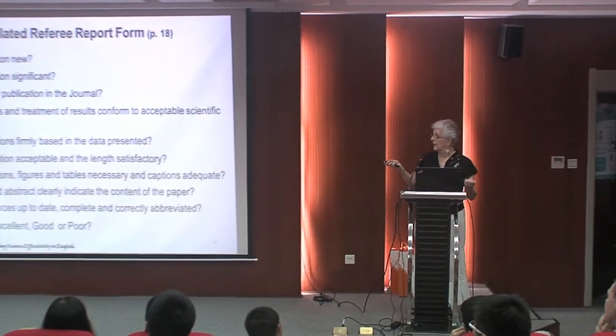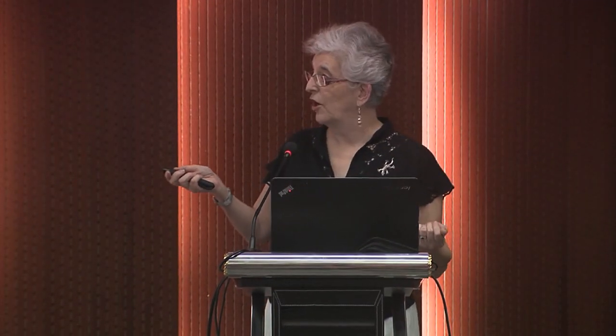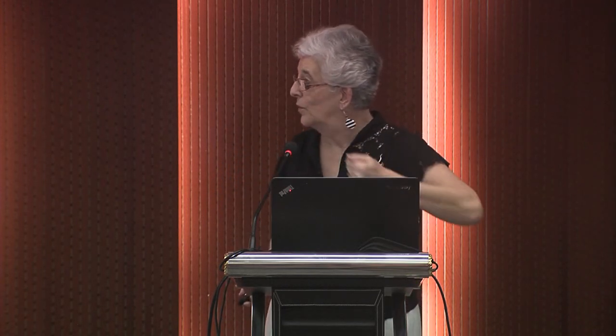So quickly, is the contribution new? Is the contribution significant? Is it suitable for publication in the journal with a capital J? That means this journal, the one you sent it to. Have you chosen your target journal effectively?